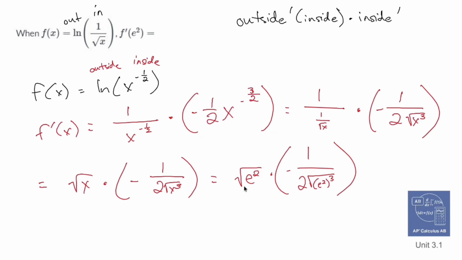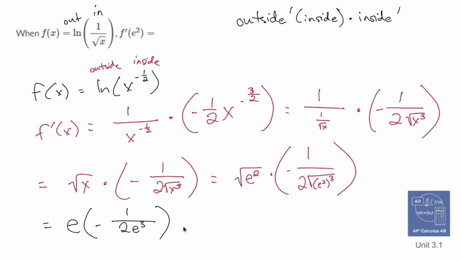Okay. So one part at a time, the square root of e squared is just e. You are still negative, you are still 1. Let's do this in one swoop. Okay. E squared cubed is going to be e to the 6th. The square root of e to the 6th is e to the 3rd. So 2e to the 3rd.